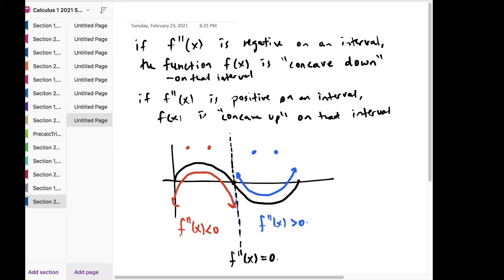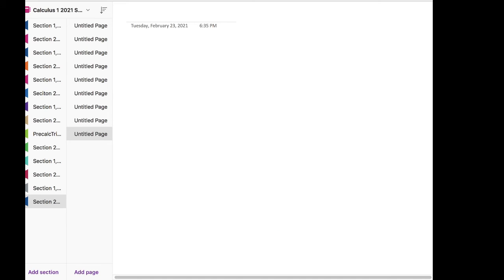So speaking of that, let's go back to our functions. So calculating derivatives. Last time we did a whole bunch of derivatives that led us to a very, very nice formula, the power rule.